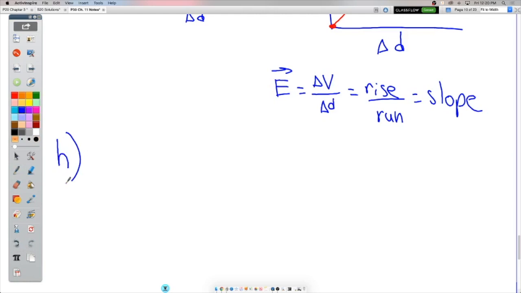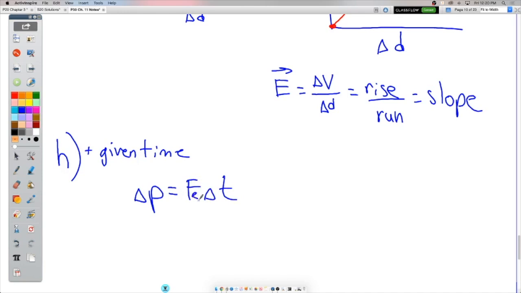Part H asks us to derive the equation to graphically figure out the impulse of the ion. I'm going to add to that: given time. So if we were given time, let's start with the impulse equation. Impulse equals F times the time interval, the force exerted times the time interval, which is the change in momentum. Now, what is the force here?